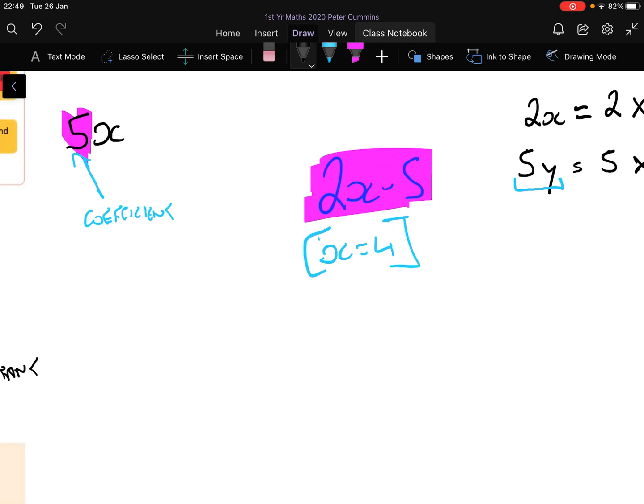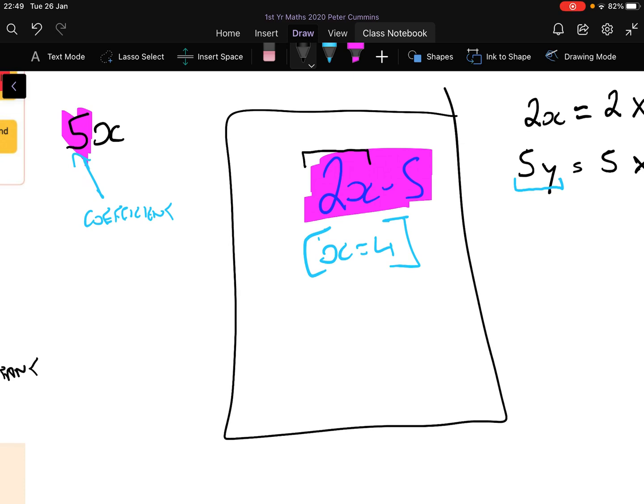So 2x means 2 multiplied by x. Wherever I see an x, I'm going to sub in what they're telling me x is, and they're telling me that x is 4. So I'm going to do 2, and instead of the x, I'm going to stick in a 4, and put brackets in to show that it's multiplying.